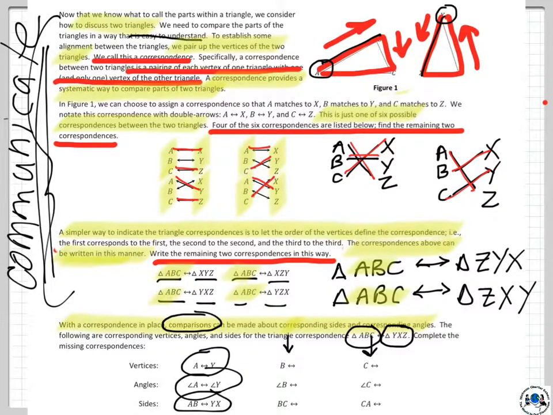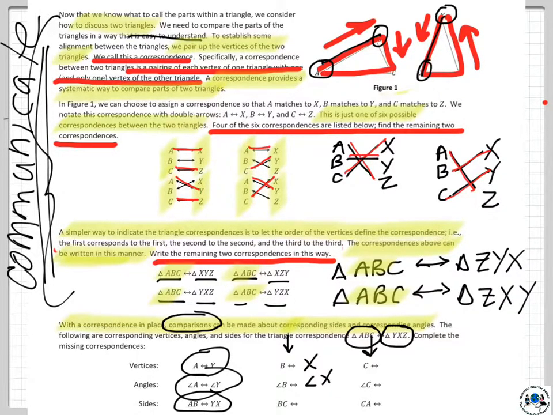Okay, so let's look at our missing correspondences. With vertex B, vertex X corresponds to it. Those are here and here. And again, of course, angle B corresponds to angle X, which is in the same place, except it's not a point, but rather it's an angle.